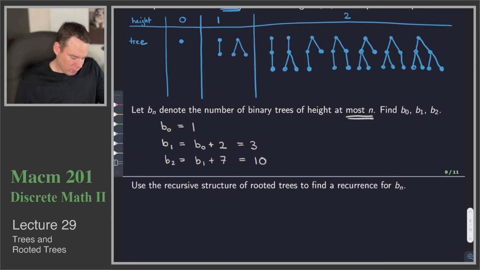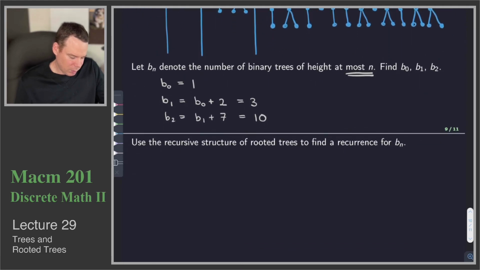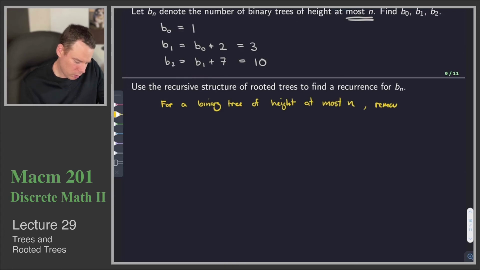Now what we want to do is use the recursive structure of rooted trees to find a recurrence for Bn. So we're going to find a recurrence for the number of binary trees of height at most n. The thing to note here is that for a binary tree of height at most n, removing the root, we get at most 2 trees of smaller height.